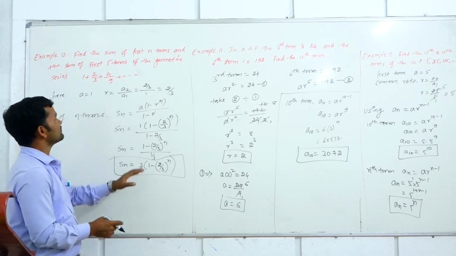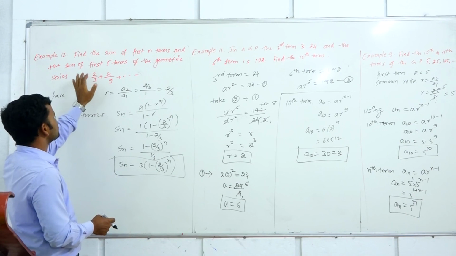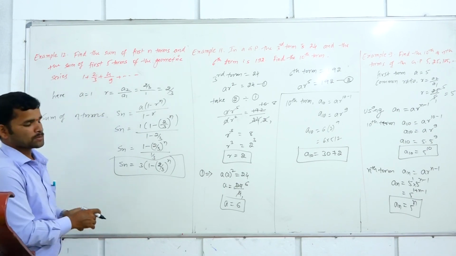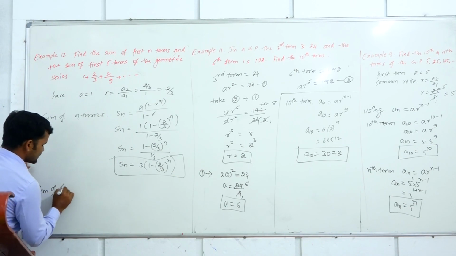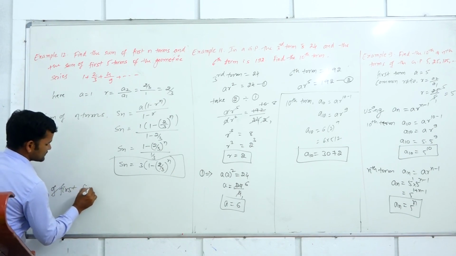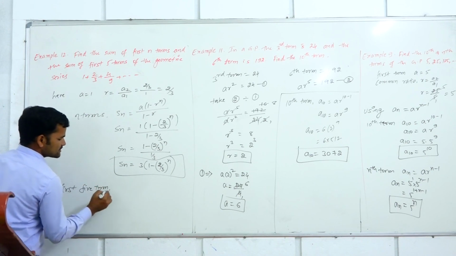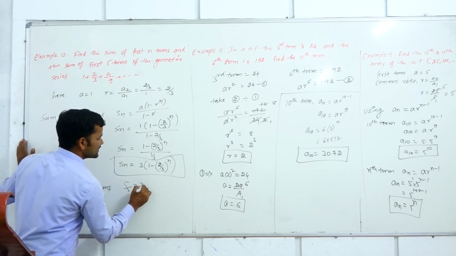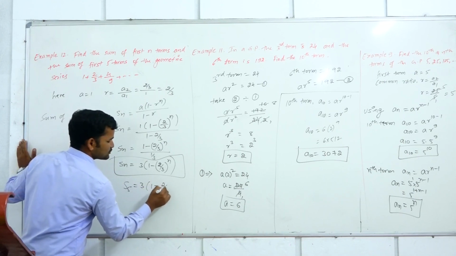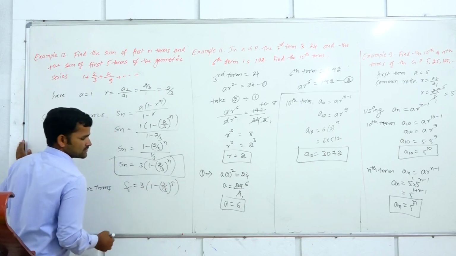In the same way, what have they asked you? They have asked you sum of first 5 terms of the geometric progression. Just substitute n is equal to 5 here. So we have S5 is equal to 3 into 1 minus 2 by 3 whole to the power of 5. That's all.